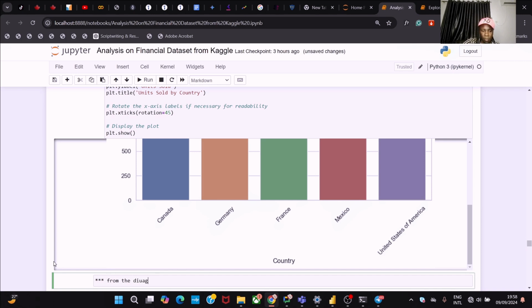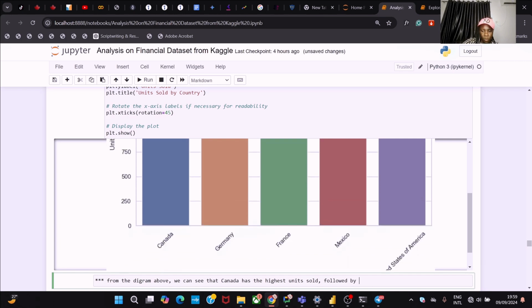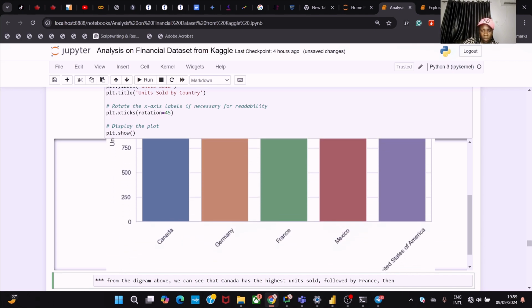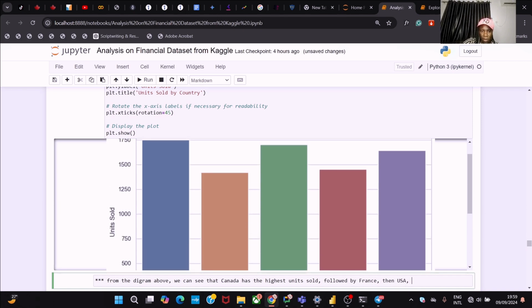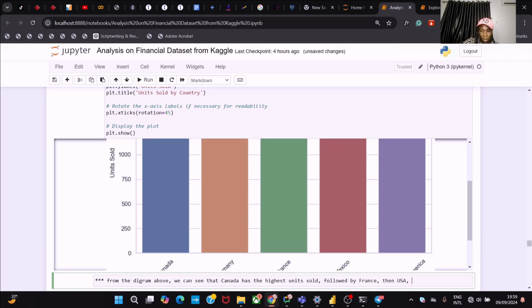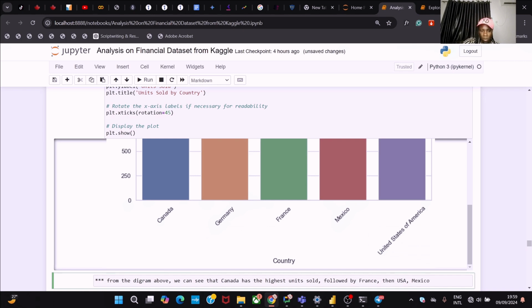From the diagram above, we can see that Canada has the highest units sold, followed by France, then USA, then Mexico, and Germany.